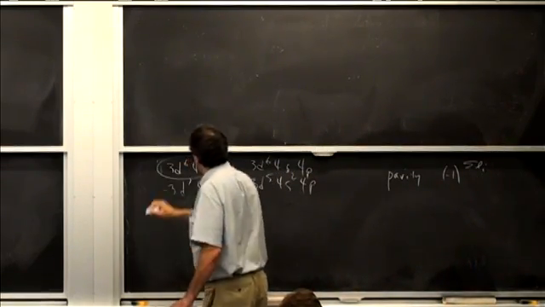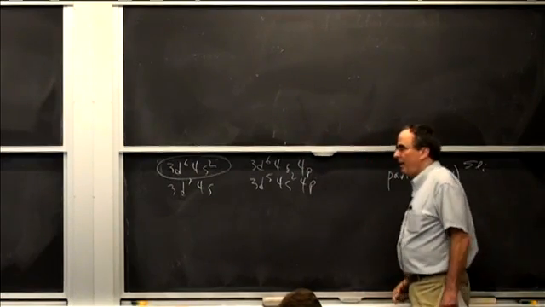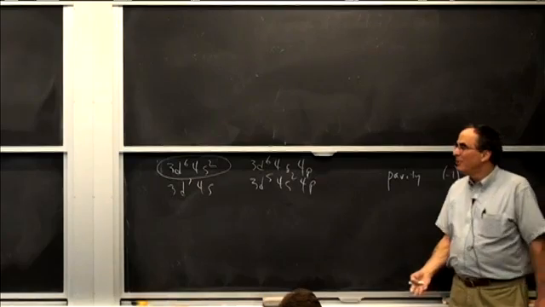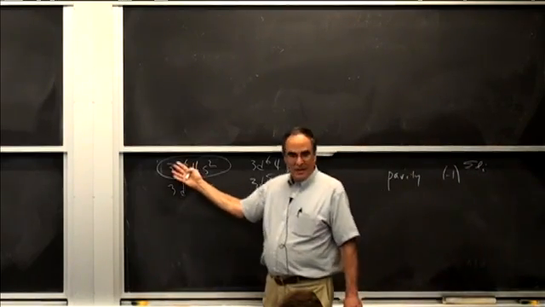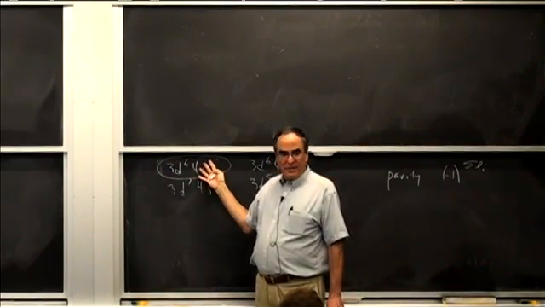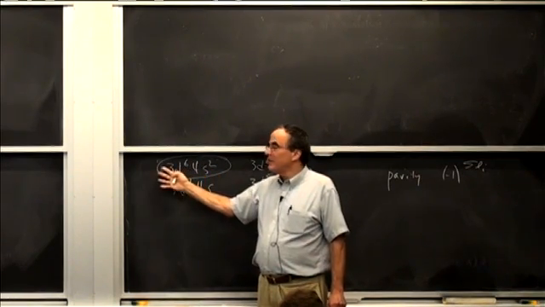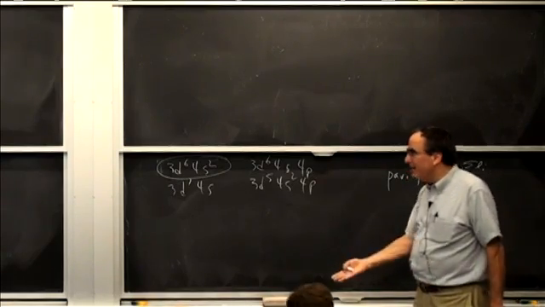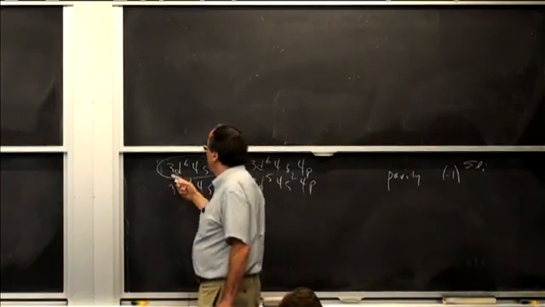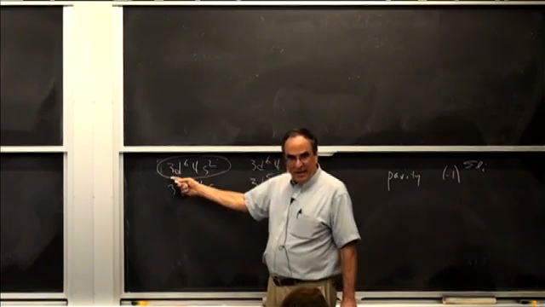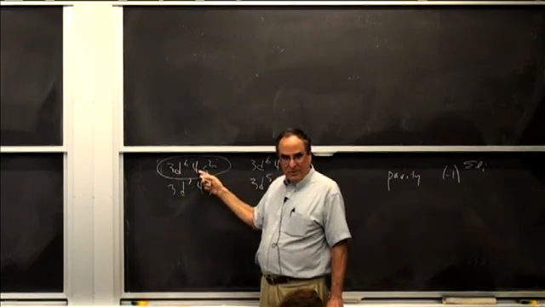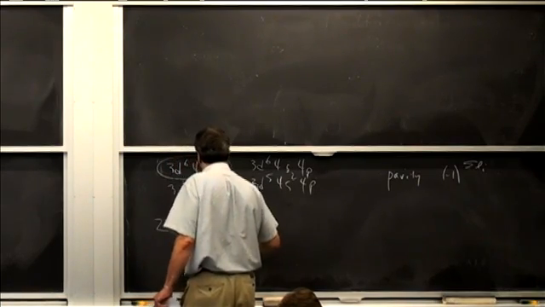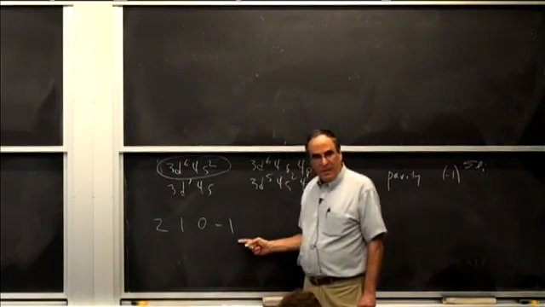Now, let's look at this one. And now there's the method of boxes. You could figure out what are all the states from this configuration, and which is the lowest of them. But there's a shortcut. If you just want the lowest, you know that you have to put the electrons into different orbitals. And so we have 2, 1, 0, -1, all with the same spin.